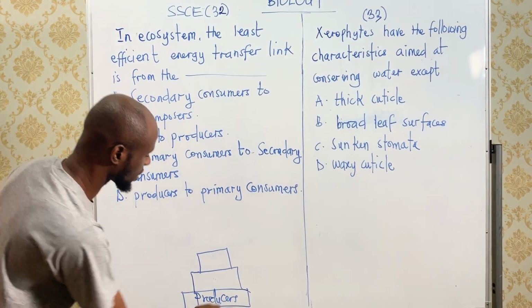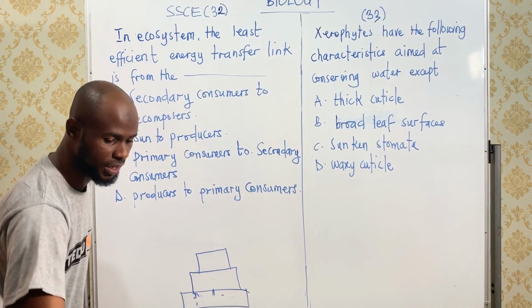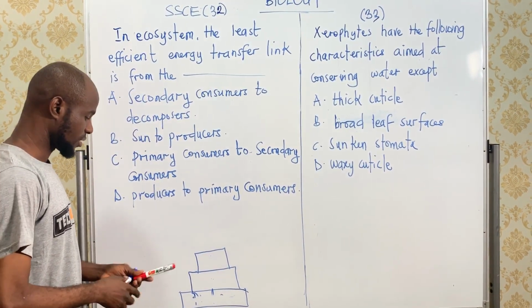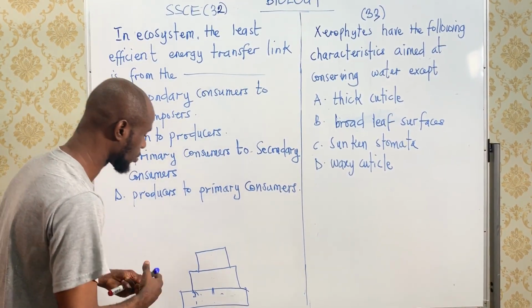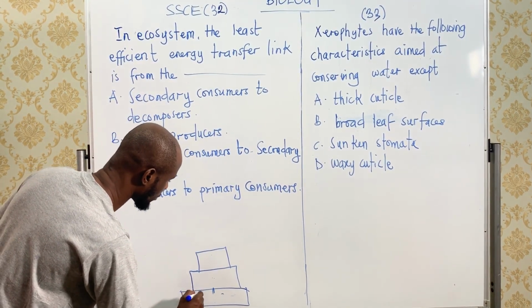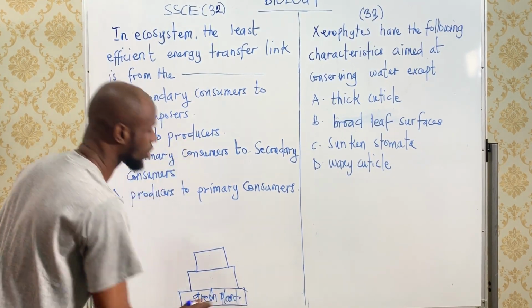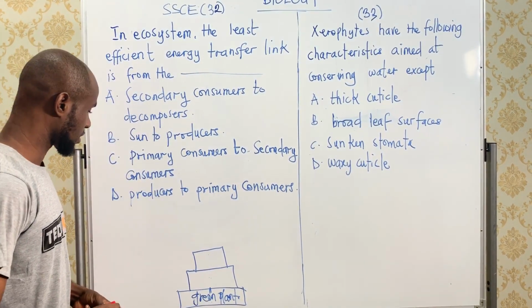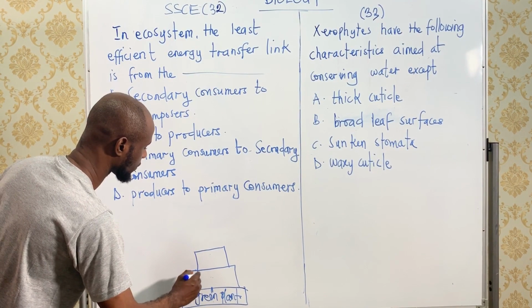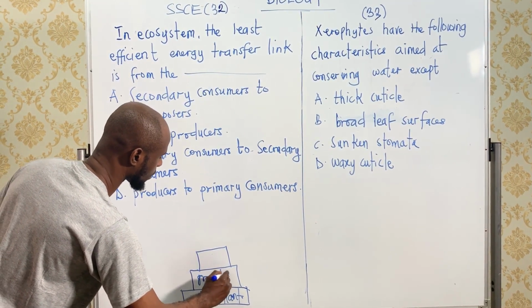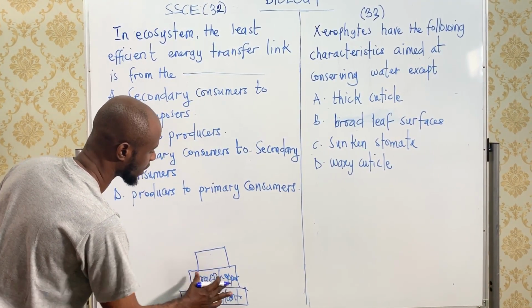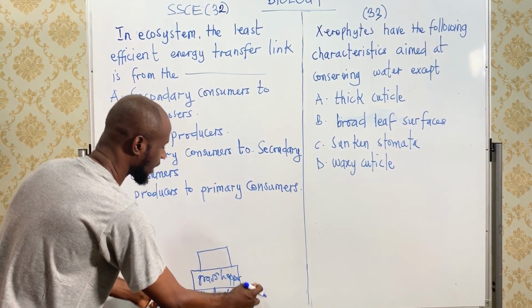What is the producer in the ecosystem? The producer in the ecosystem is the green plant. What is that particular organism that can eat the green plants? For example, the grasshopper. The number of grasshoppers will be lesser than the number of green plants. That's why the bar is reducing.